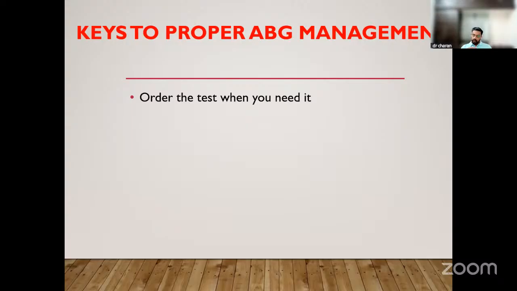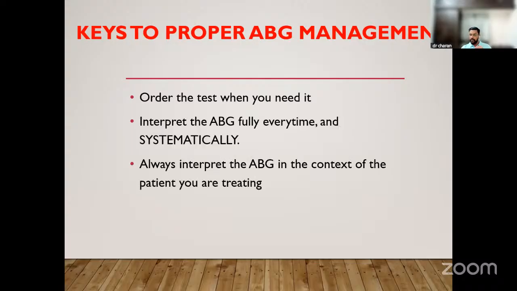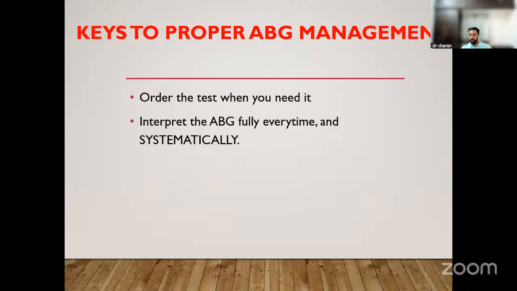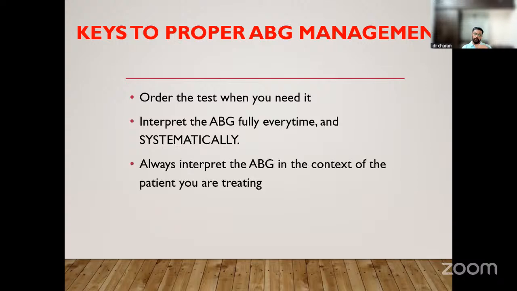It involves cost. It involves drawing blood from the patient, which can be painful and can lead on to other problems. So order the test only when you need it. And once you do the test, interpret the ABG fully. Don't look at one parameter alone. Go through it fully, interpret it fully every time, and try to interpret systematically.